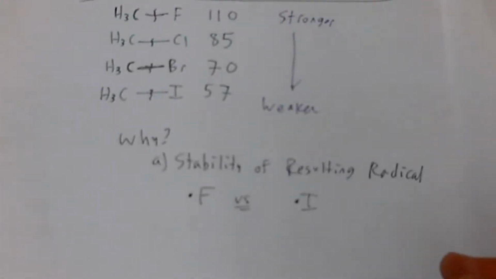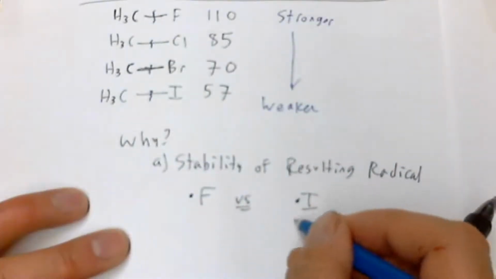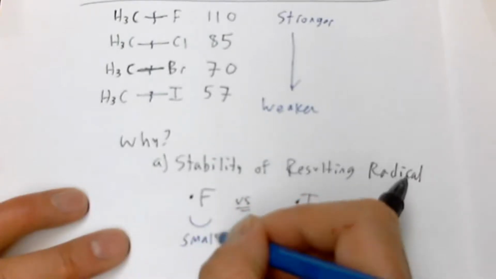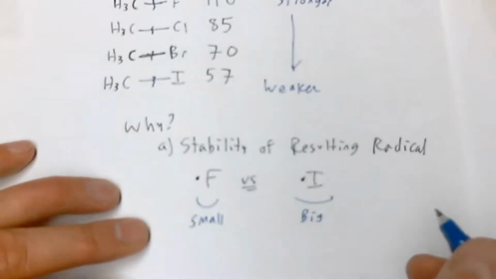Which is the big one? This is big, right? Small. Fluorine is really tiny, and there's what I call a concentrated charge.